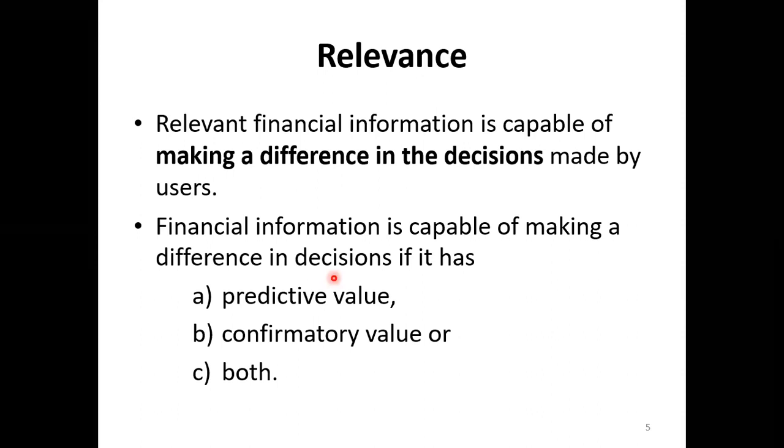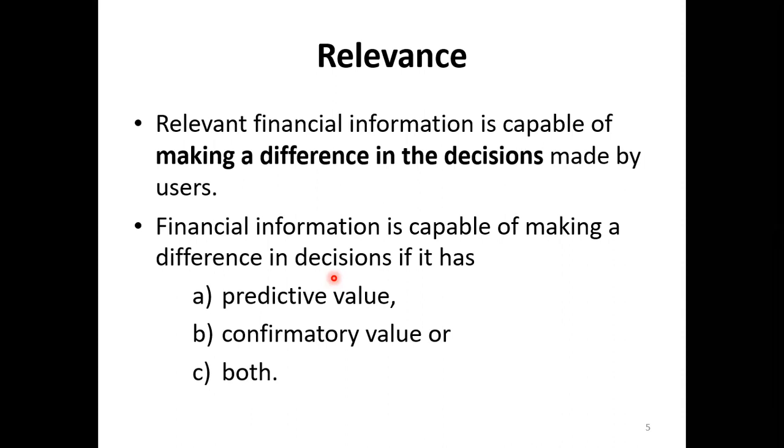The information will vary. Relevant financial information is capable of making a difference in the decisions made by users. Financial information is capable of making a difference in the decision if it has predictive value.